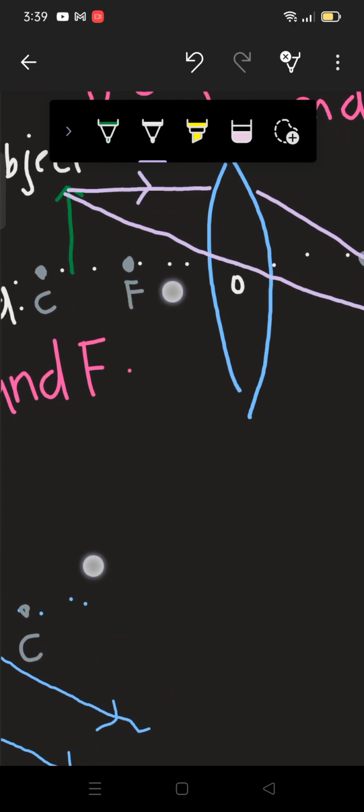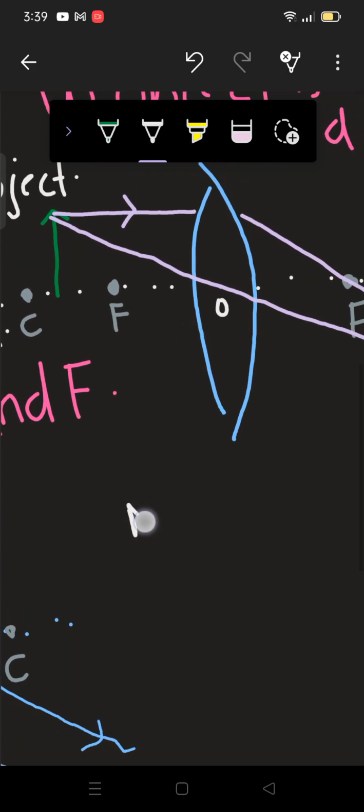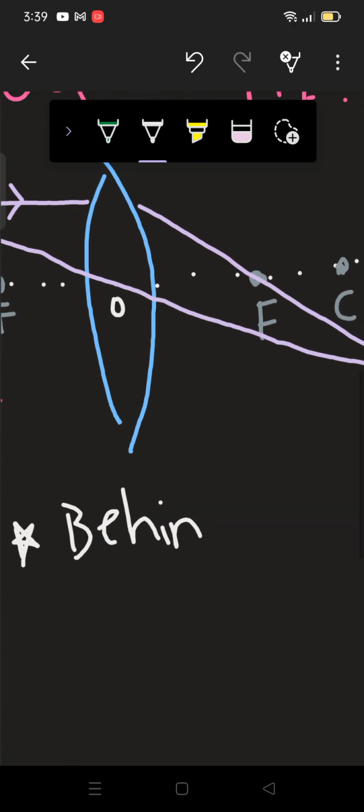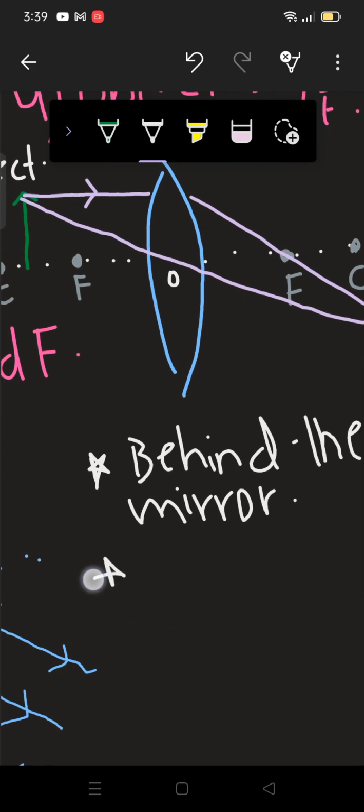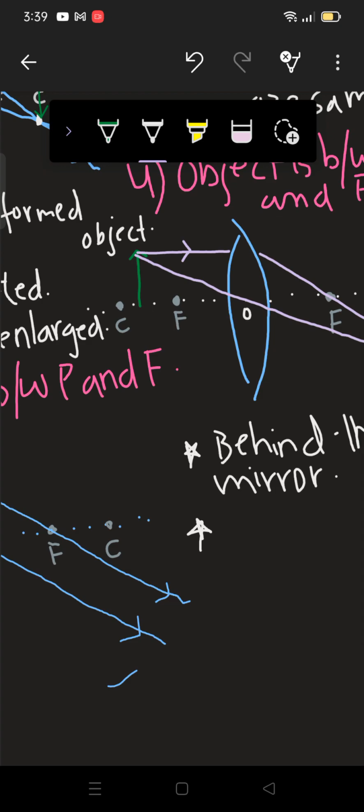Let me write here. So this image is formed behind the mirror. Secondly, the nature of the image is virtual and erect. Alright, why this is virtual and erect?